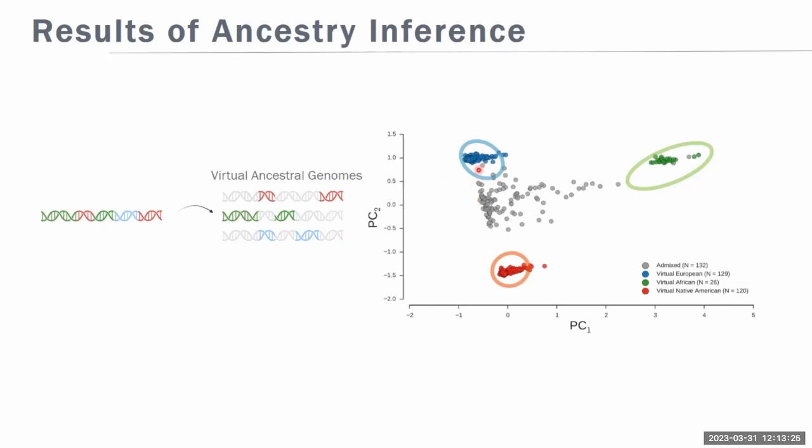The individual dots are the virtual ancestral genomes, and the gray dots are the full admixed individuals. So we're quite confident that we are pulling out individual regions which represent the ancestral genetic context. And then we run our EWAS, as described previously, on these local proportions of ancestry.